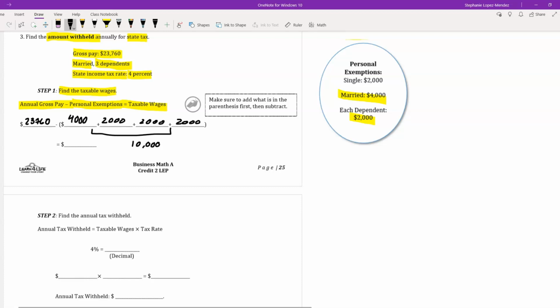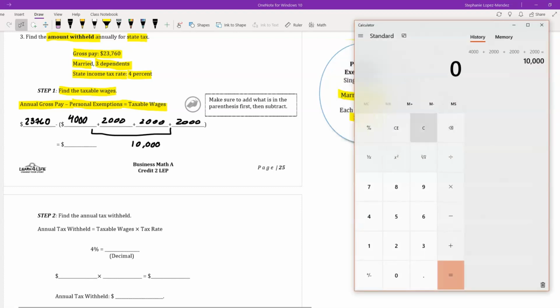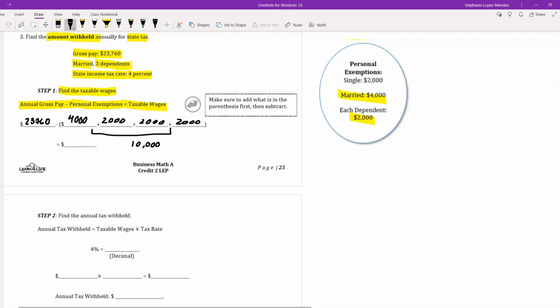So to our annual gross pay, we need to subtract $10,000. So back to my calculator and now I have $23,760 minus $10,000. That is a total of $13,760. So my taxable wages are now $13,760.